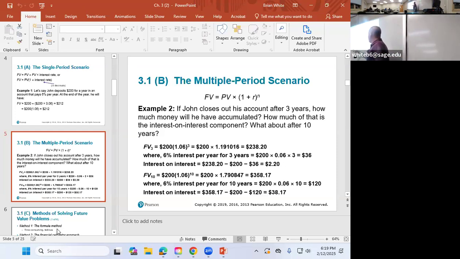Multiple periods. John closes out his account after 3 years. How much money will have accumulated? How much of that is interest or non-interest? What about after 10 years? $100 at what, 6% was it? That's 6% over 3 years. It's not $100, $106, and $112 and $118.